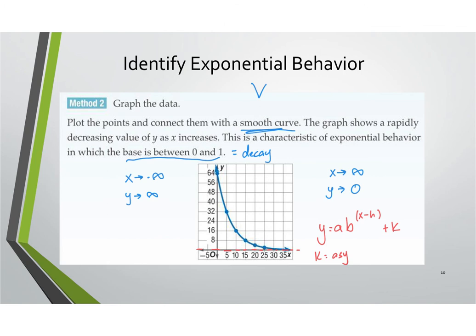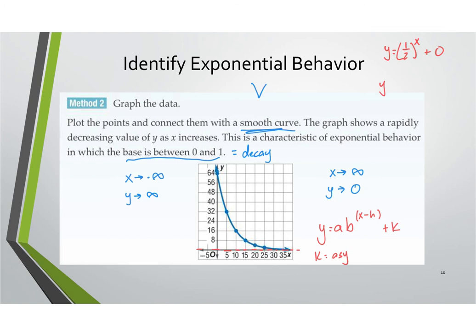So just to give you an example equation up here at the top, if I have y = (1/2)^x, that's the equation from the last slide, there is no k. Technically, this is plus 0. Therefore, my asymptote is 0.